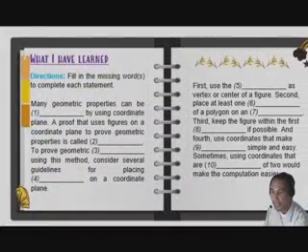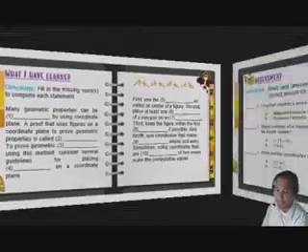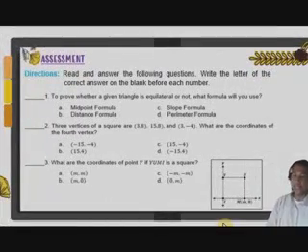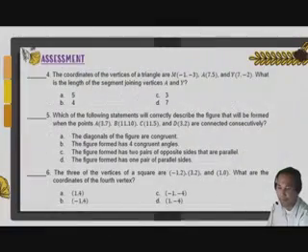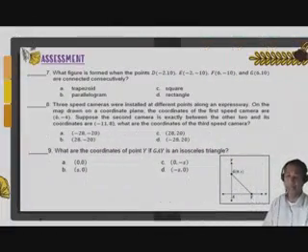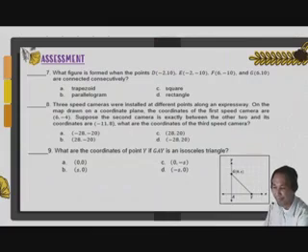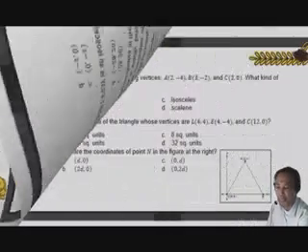This is the what I have learned. This is the assessment. Makikita nyo sa inyong printed module o sa inyong mga PDF copy or file. Ayan, yung continuation of assessment. Sana may natutunan kayo sa module 7.